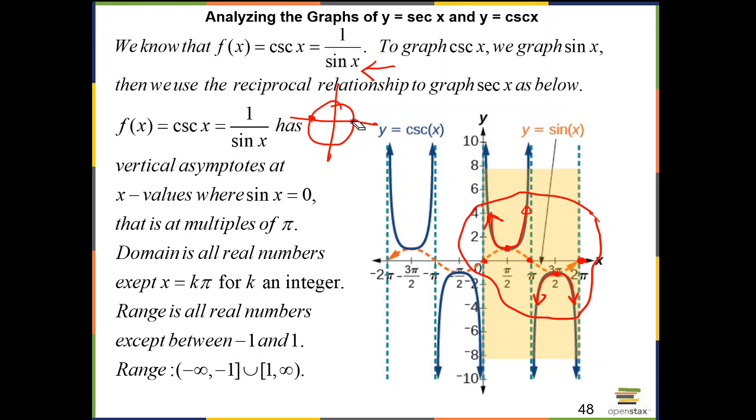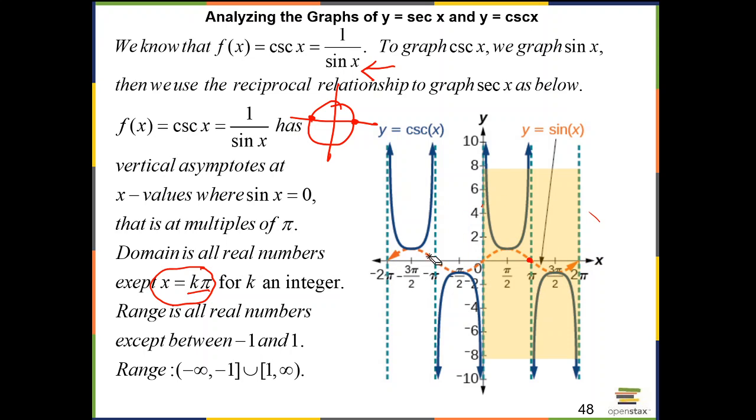So the domain of cosecant is all real numbers except for any x that is in the form of k pi, a multiple of pi. Now what about the range?